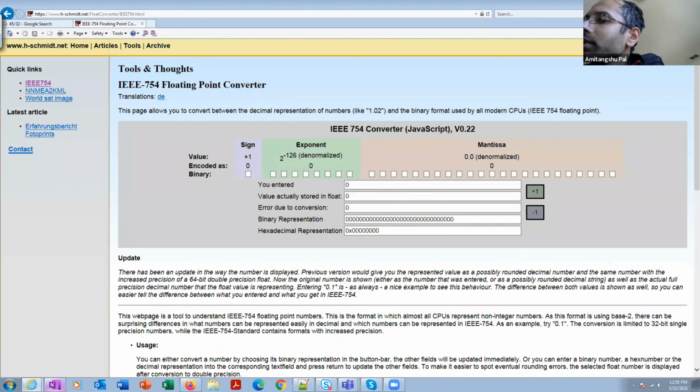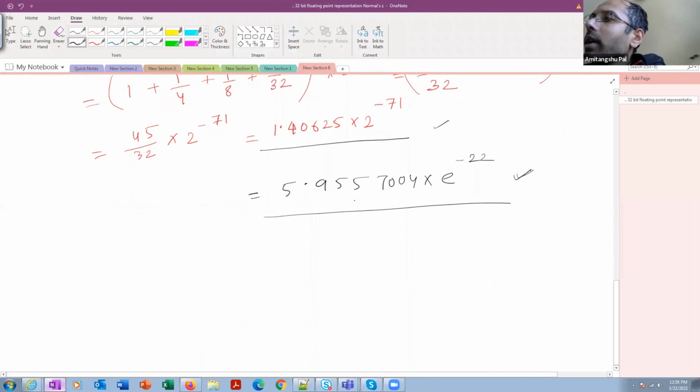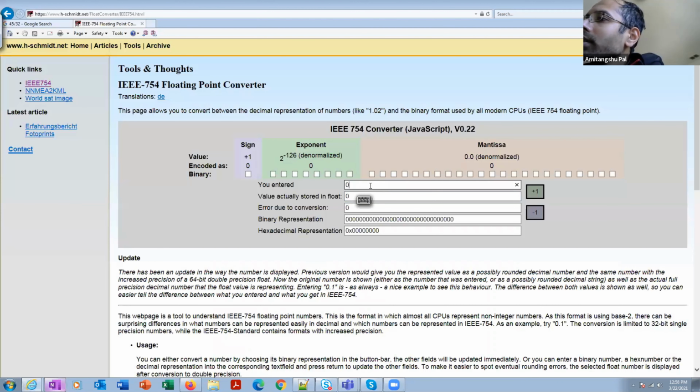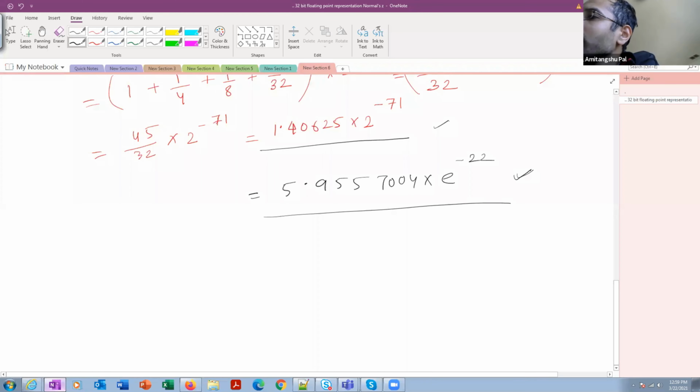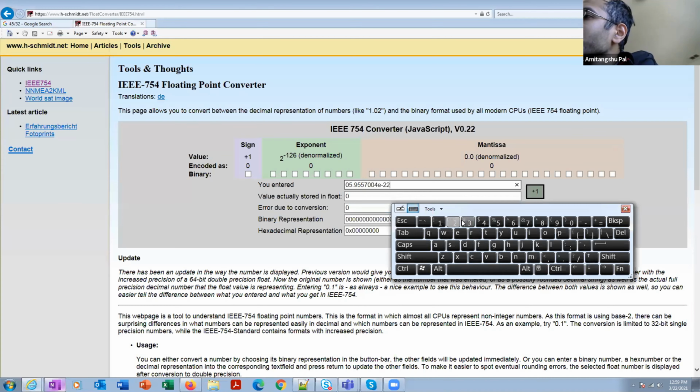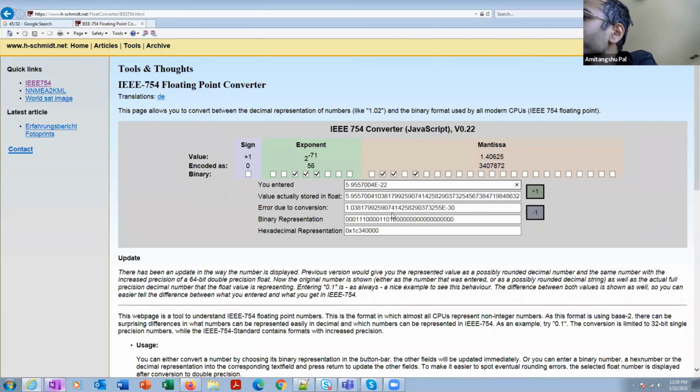And here suppose I am writing 5.9557004 e to the power minus 22. If I write this, this is showing the corresponding binary representation. Let's try to match this.